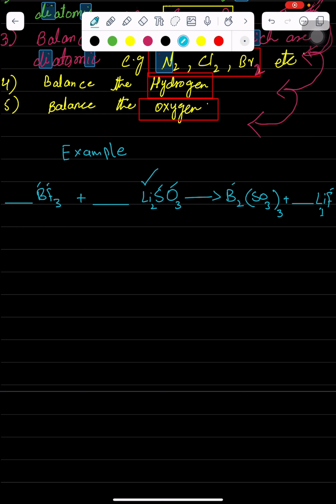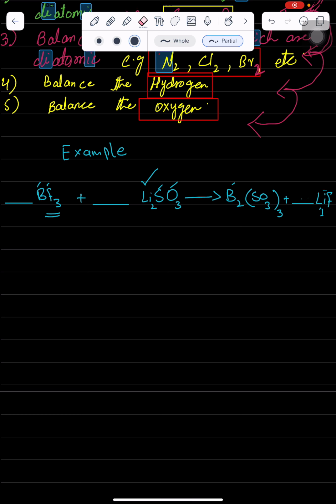If I multiply it by 2, the lithium will be balanced. But for F there are 3 atoms here, and if I multiply by 2 they will become 2. So 2 is not a suitable coefficient. Let's find another coefficient.